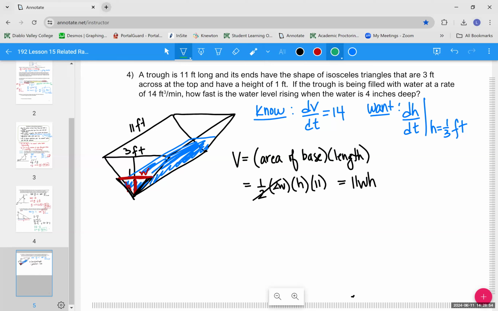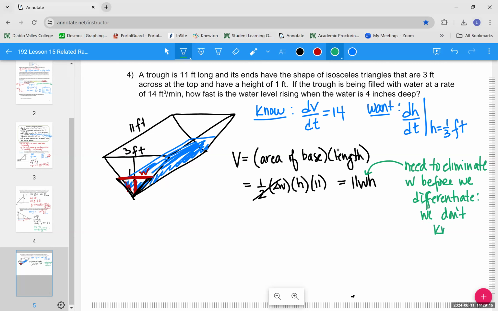So our issue here is that we need to eliminate the W before we differentiate, because we don't know or want dW/dt.